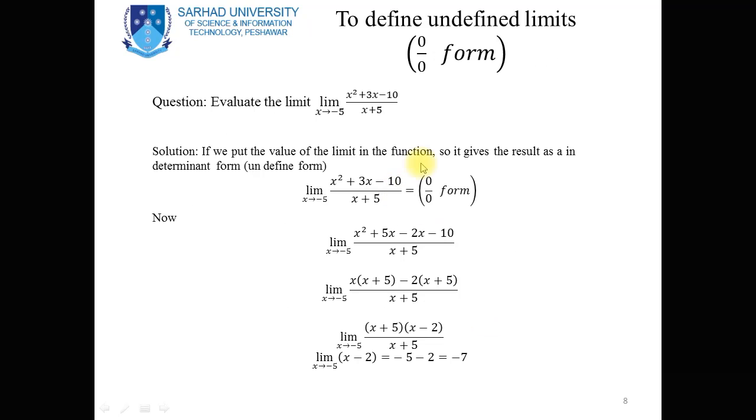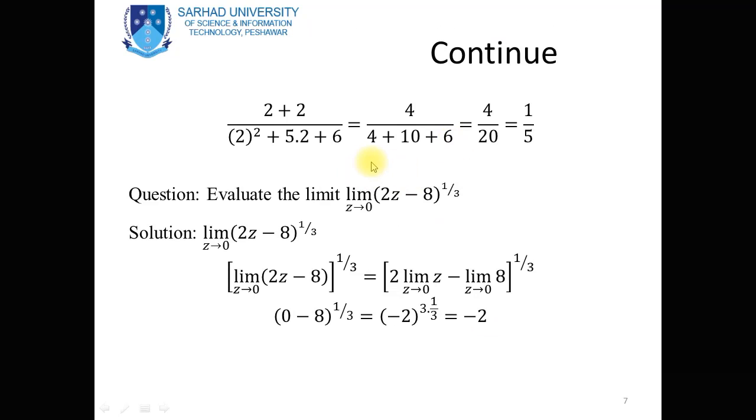So dear students, in these problems you see how to apply the limit for the product of a constant and a function, how to apply the limit when two functions are in the form of sum or difference, how to apply the limit when two functions are in the product form, and how to apply the limit when two functions are in the quotient form.